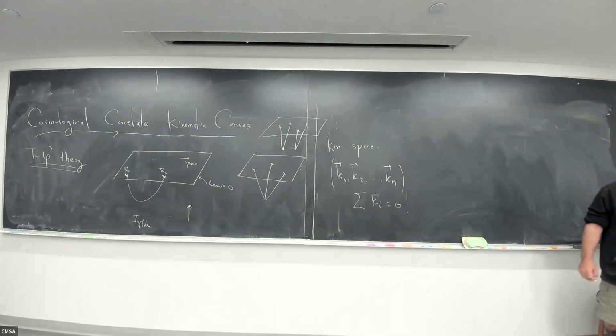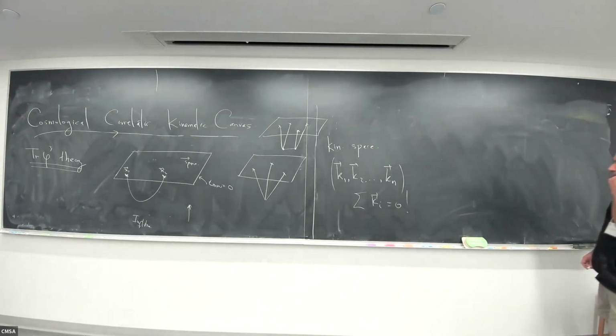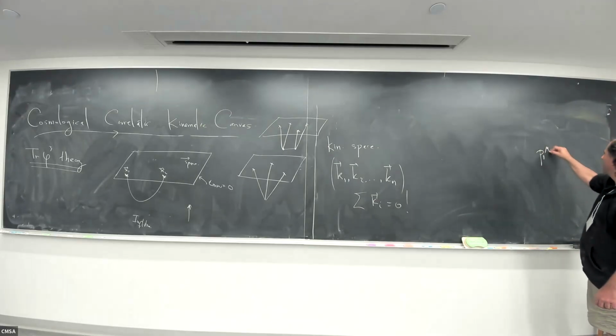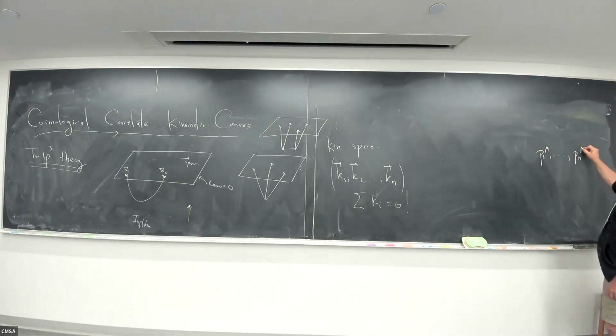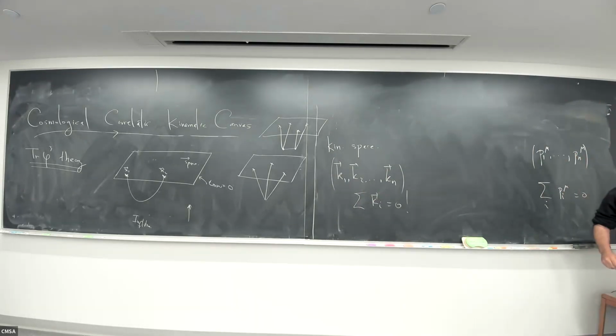That's it. Let's contrast this with the amplitudes, where I have P1 through Pn, where the sum of Pi equals 0. What's the difference? The difference is just that there's no 0 component. There's no energy, right?